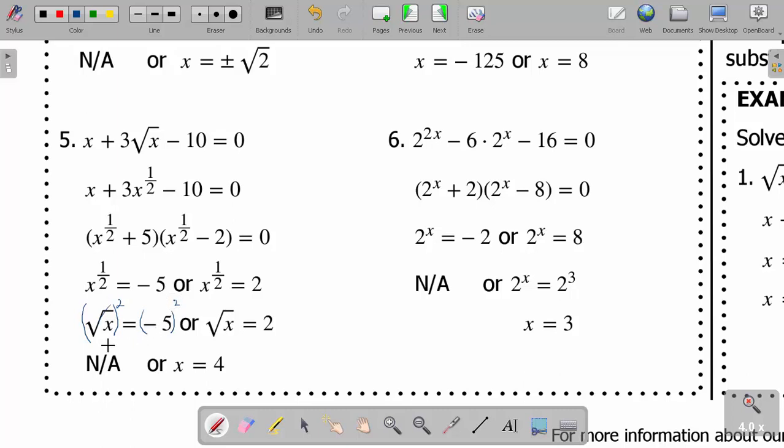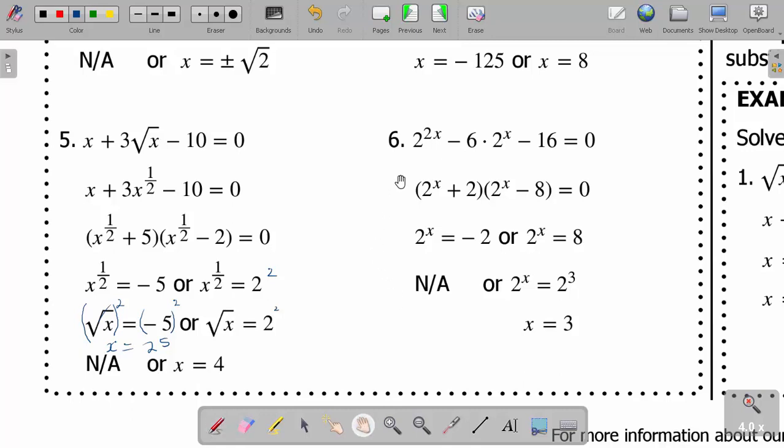So x will be equal to 25. And on this side, if I square 2, I'm going to get 4. So x equals 4. That's as we have x equals 25 or x equals 4. Hope we are still together. Let us proceed.